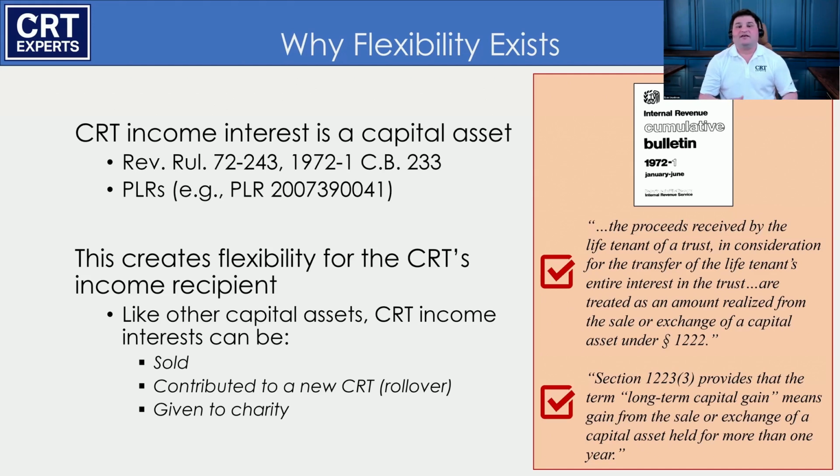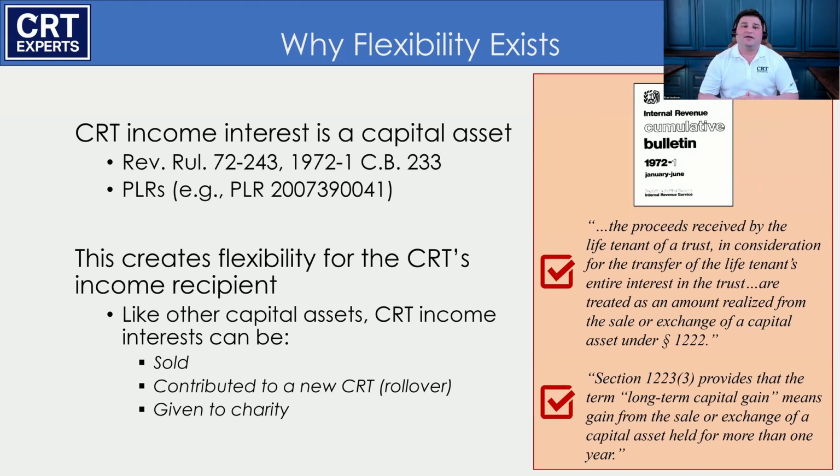And so that's what's going to give us the flexibility to do with that income interest what we can do with any capital asset. We can buy and sell it. It can be contributed to a new CRT with different terms, what we call a rollover, or it can be given to charity. So everything's going back to that 1972 revenue ruling.